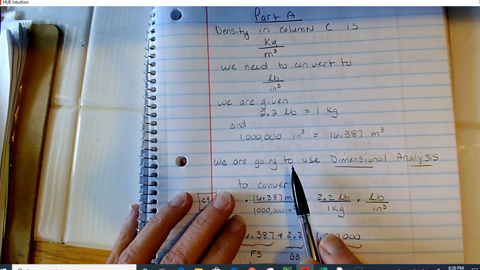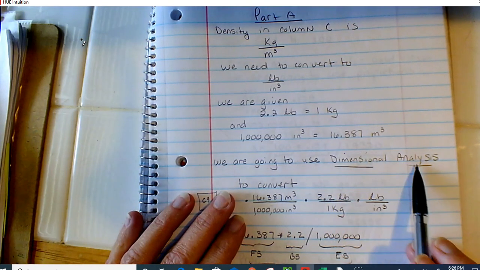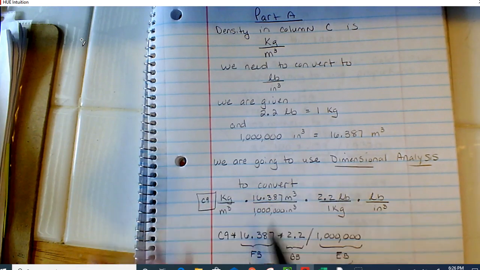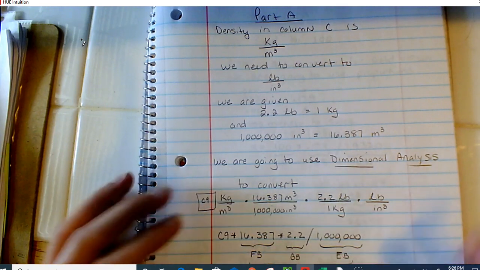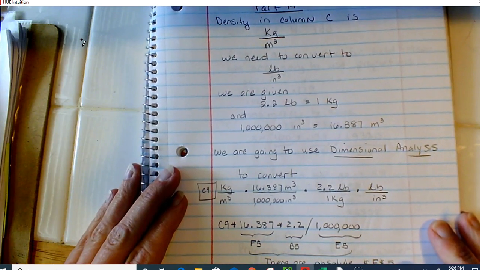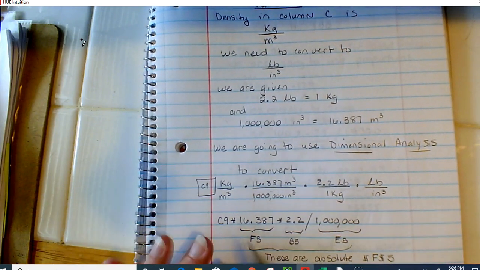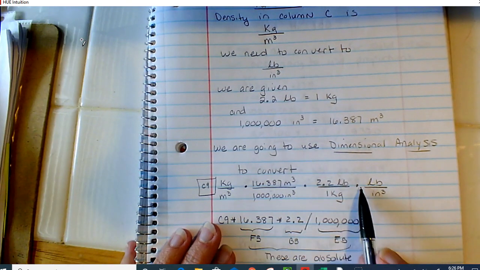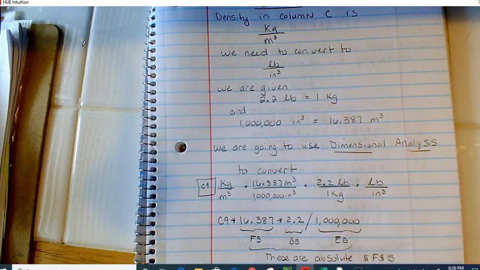We're going to use dimensional analysis to do the conversion, and then put it into Excel format. Remember, with dimensional analysis, we just multiply everything together. We are not going to set up proportions and cross multiply.